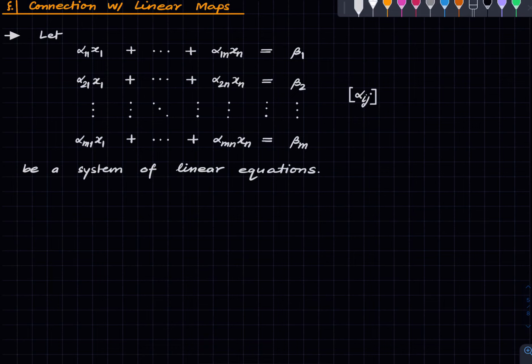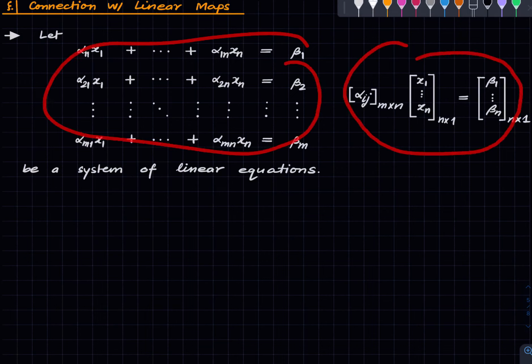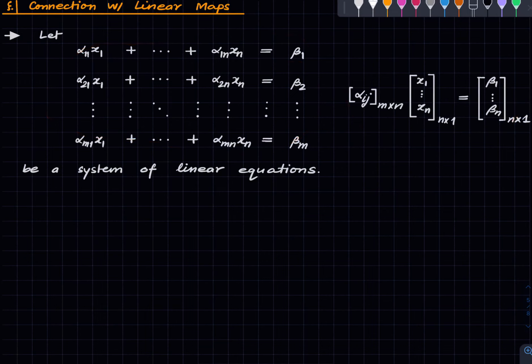N columns, yeah. And then you have this N cross 1 matrix containing the unknowns. And this is equal to the thing on the right side. So this horrible thing is the same as this horrible thing. And this is just an exercise in matrix multiplication.